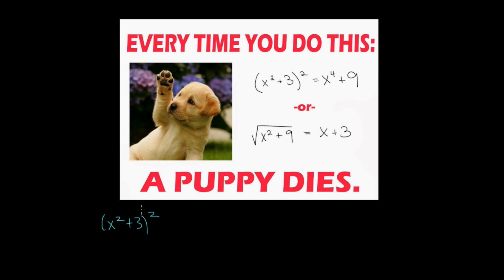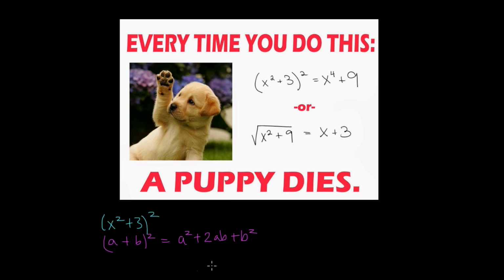Now, if you look at this, you might be able to recognize that this is actually one of the algebraic identities. This is (a plus b) the whole squared. Whenever I have (a plus b) the whole squared, that actually gives me a squared plus 2ab plus b squared.